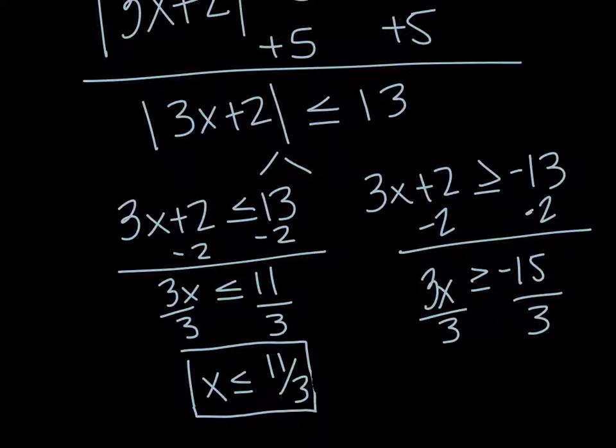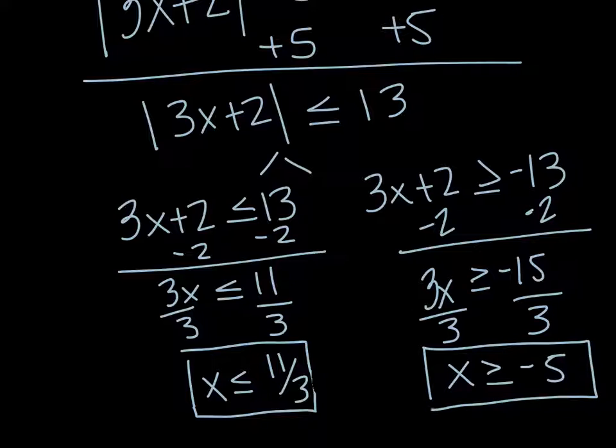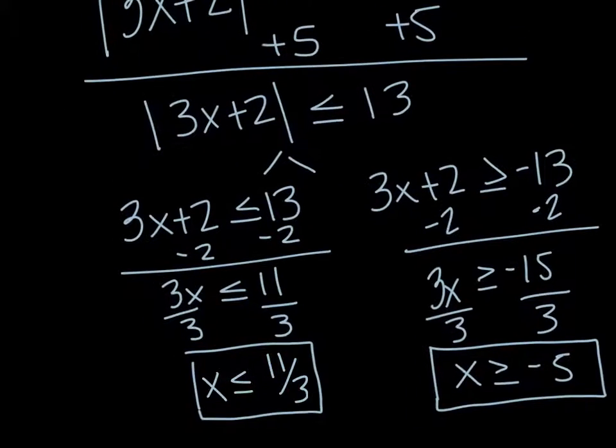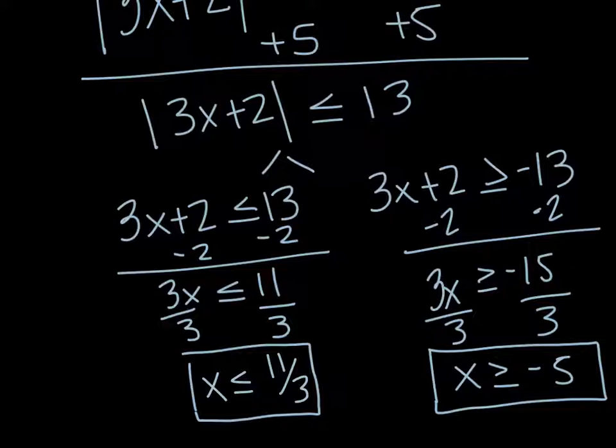Divide by 3, and get x is greater than or equal to negative 15 divided by 3, which is negative 5. So those would be your two solutions for this inequality.